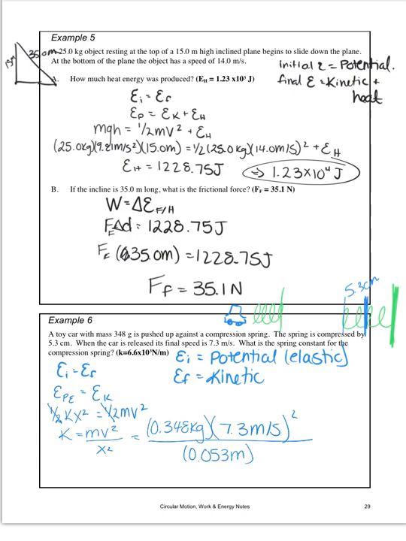That is 5.3 centimeters in meters. I got that k is equal to 6602, and this unit is Newton per meter. And so our final answer with 2 significant digits should be 6.6 times 10 to the 3 newtons per meter.